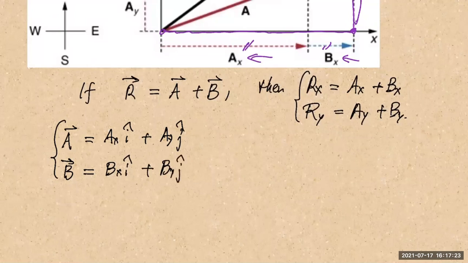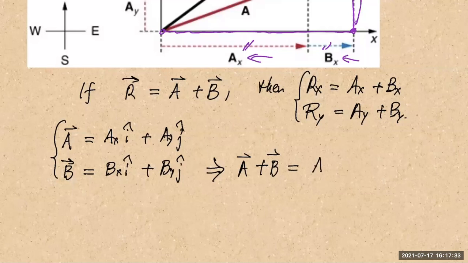And therefore, when I do A plus B, without drawing anything, I can simply plug in A equals this, B equals that. So here is axi plus ayj, and then plus bxi and byj.